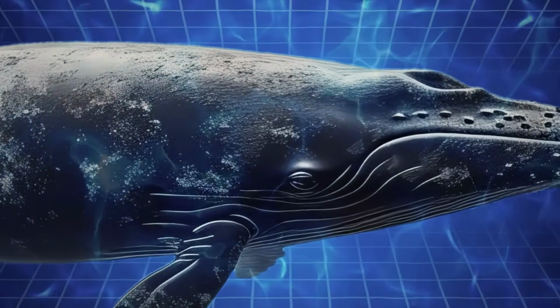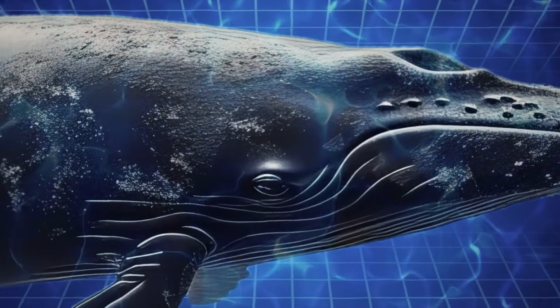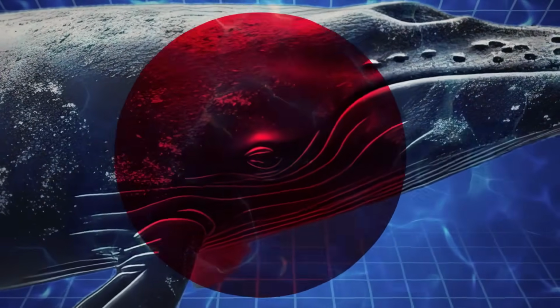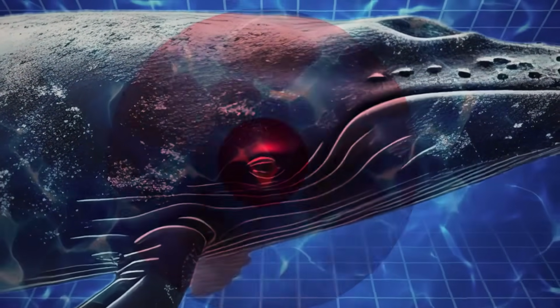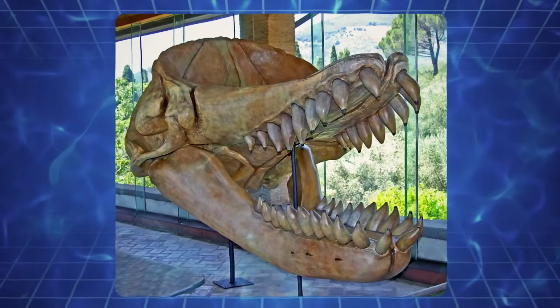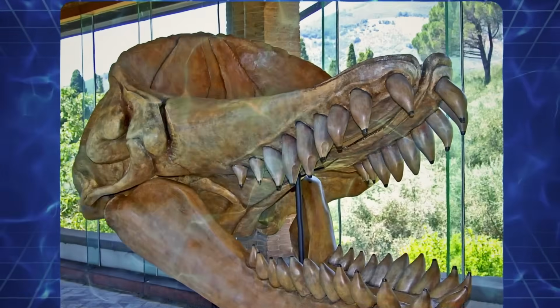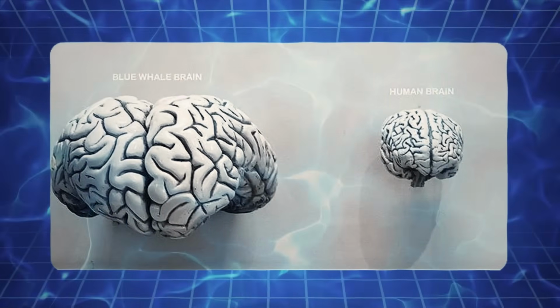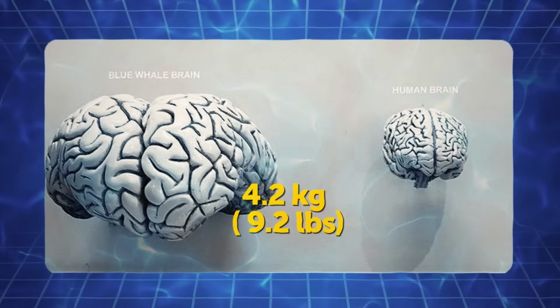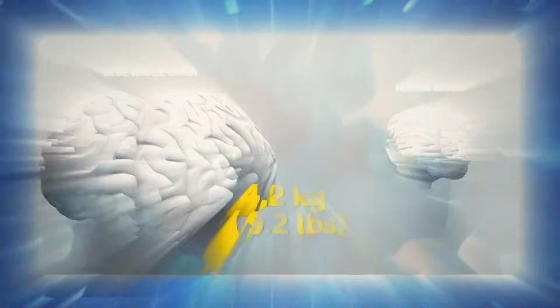Sperm whales also have a cool ability to retract and extend their eyes, thanks to a thick retractor muscle around them, but they can't actually roll their eyes in their sockets. Plus, they have the most asymmetrical skull of any mammal out there. Oh, and let's not forget, they have the largest brain of any living creature, weighing in at over 9 pounds.